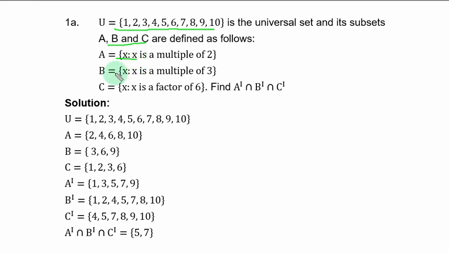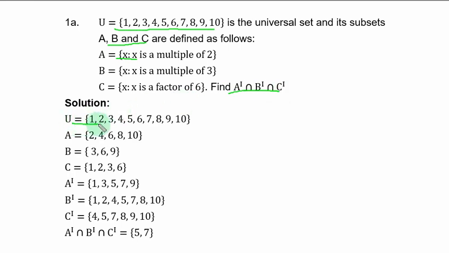B is the set with element S such that S is a multiple of 3. C is the set with element S such that S is a factor of 6. Find A complement intersection B complement intersection C complement.